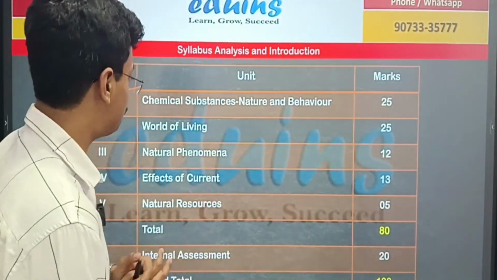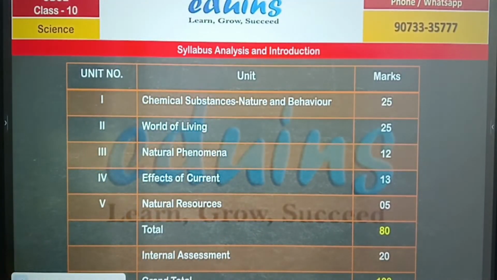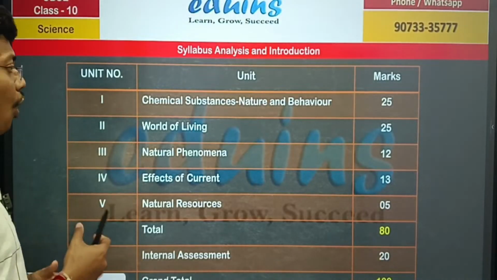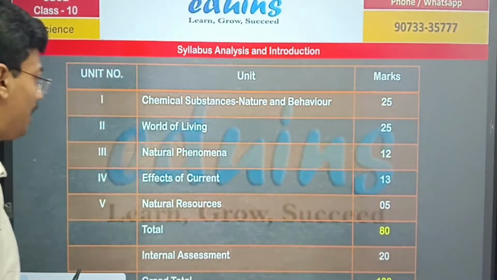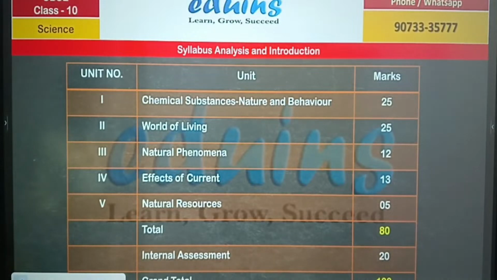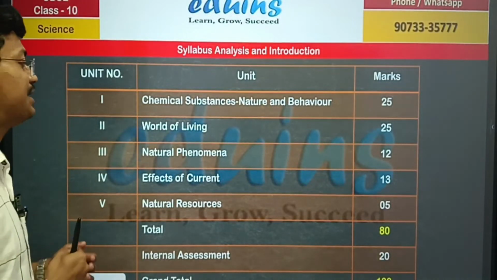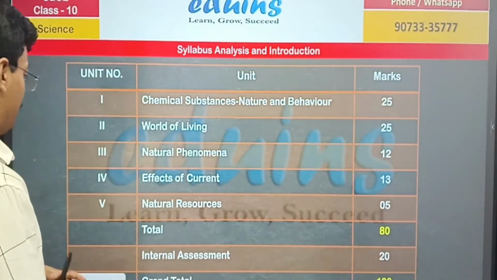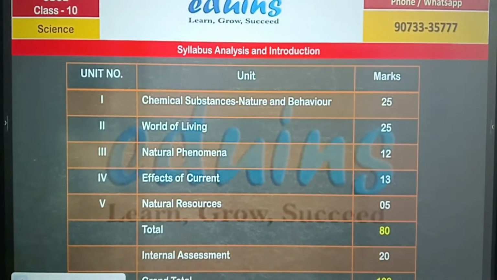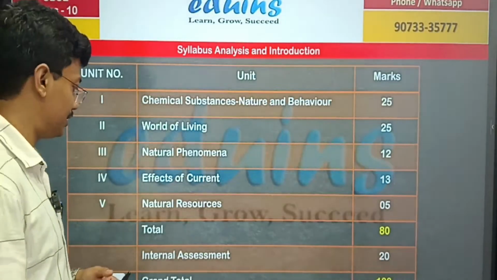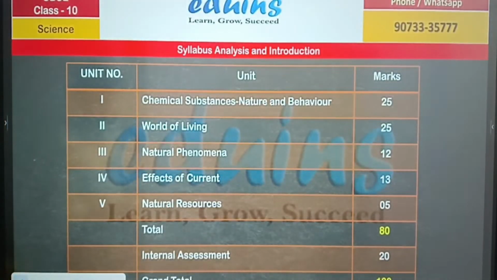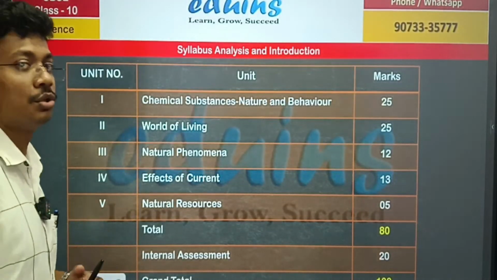In the second unit, we will study the world of living. Next, in the third unit, we will study natural phenomena. In the fourth unit, we will study the effects of current. And in the fifth unit, we will study natural resources.